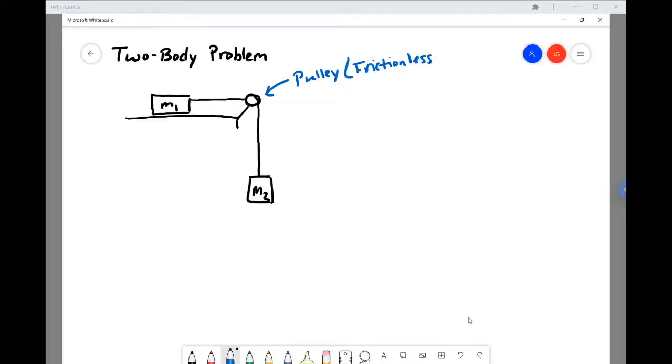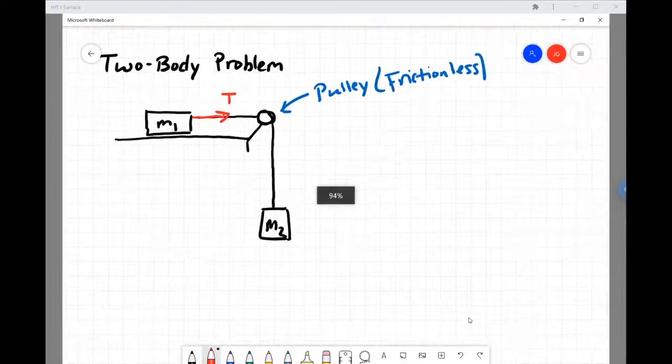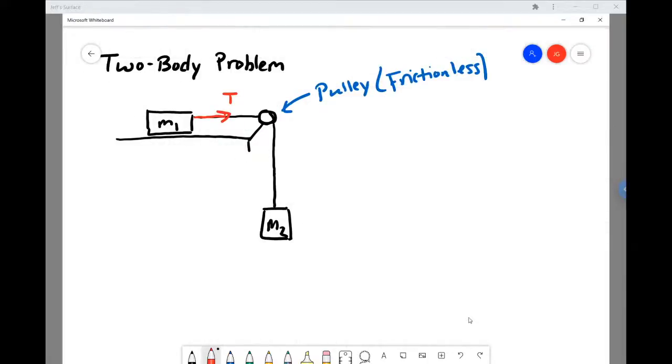And the reason we say that is so that we can assume, we'll use red to represent forces, that this hanging weight is going to exert a tension force, we'll call that T, on mass 1. And that tension is transmitted via the string, the rope. And that tension is the same magnitude as the tension that's pulling up on mass 2. So how do I know that?